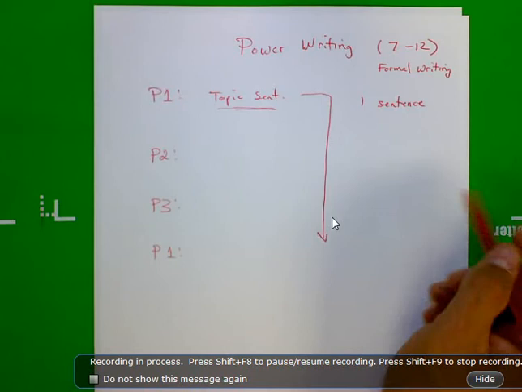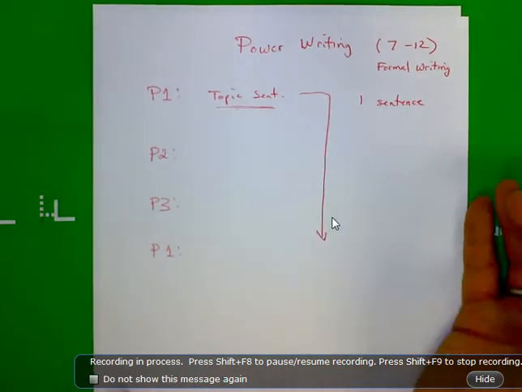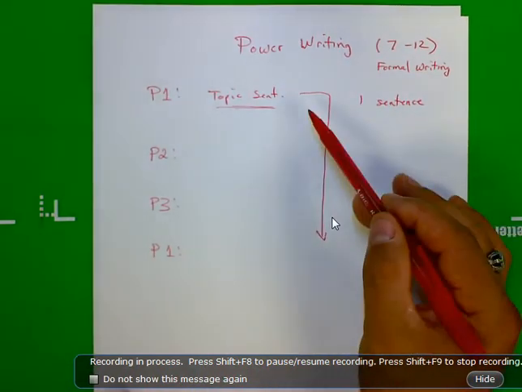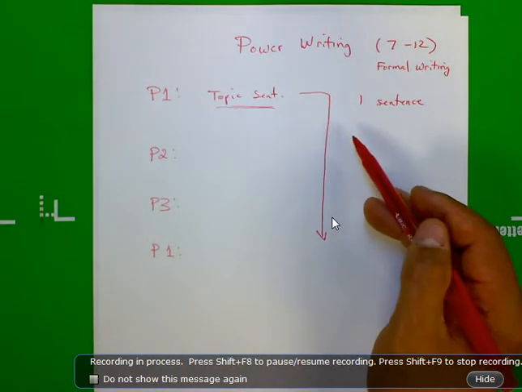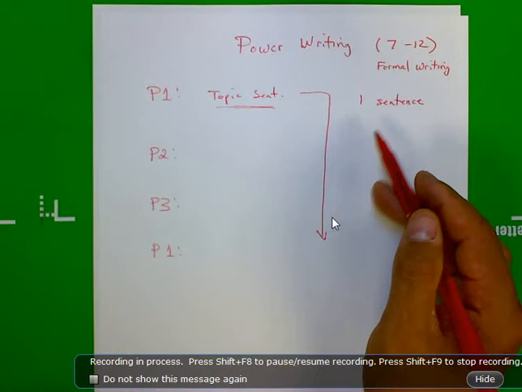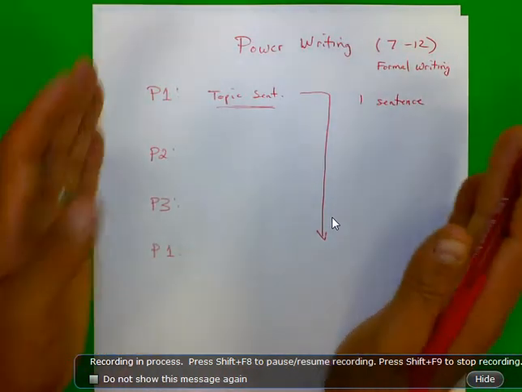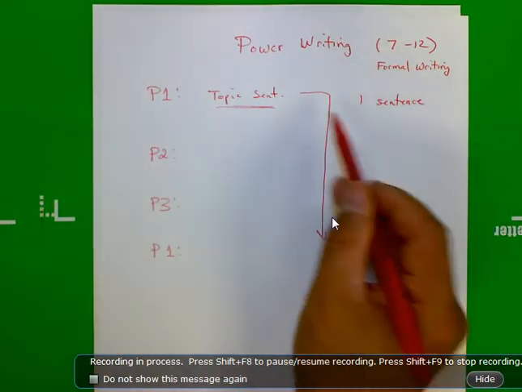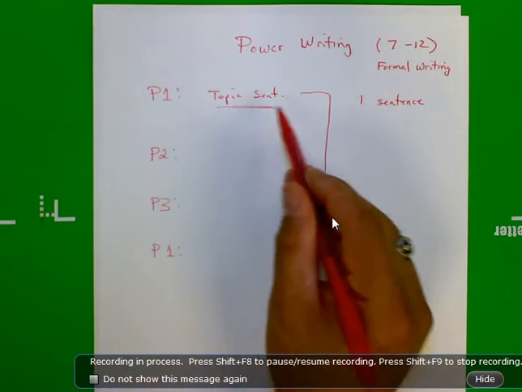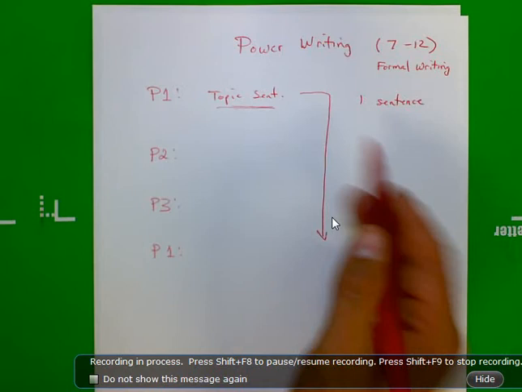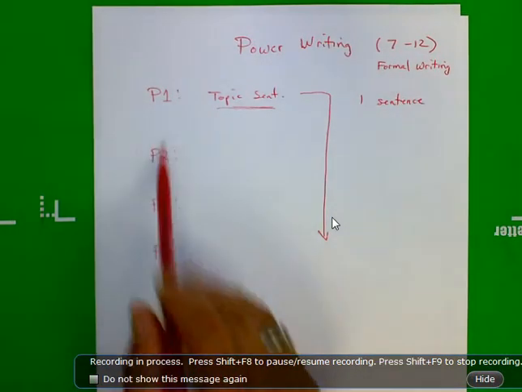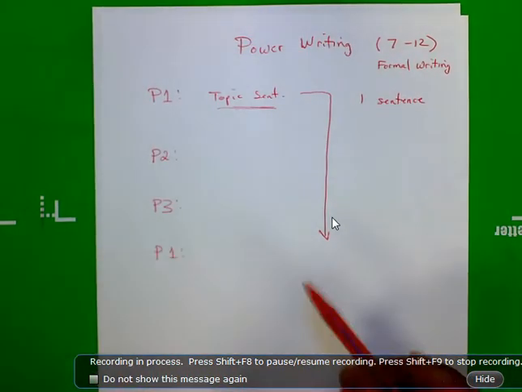So, I remember as a student, the first thing we did was figure out what we called a main idea. What is the main idea of our paragraph? And then we would break that down, and we're getting smaller and smaller until we had an exact topic sentence, one sentence long, and that ruled the paragraph. It's still the same. We're just going to use these different terms to remember these.